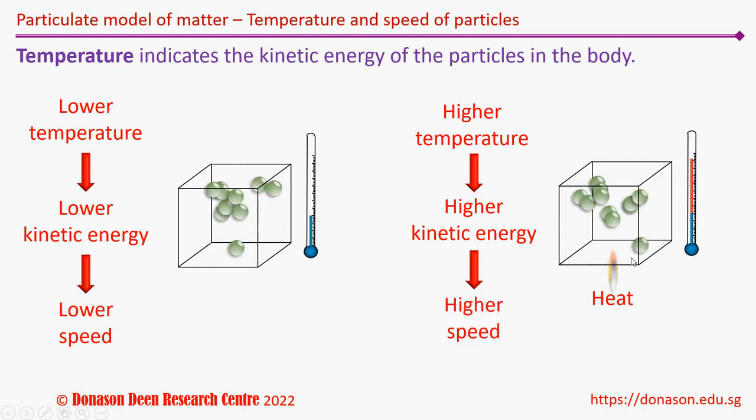So the higher the temperature, the particles move at much higher speed. The lower the temperature, the particles move at lower speed. So the temperature is indicative of the amount of kinetic energy that the particles in a particular state possess.